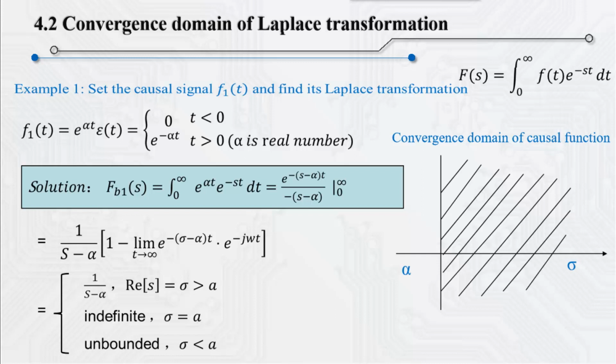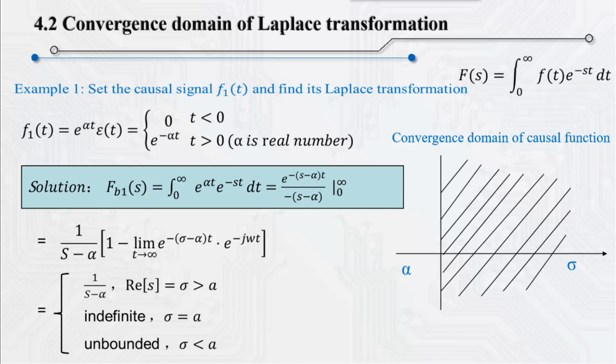Because it is a causal function, we can use the unilateral Laplace transformation formula, with s equal to delta plus j omega. We can get F(s) as shown below, multiplied by e to the power of negative j omega t.